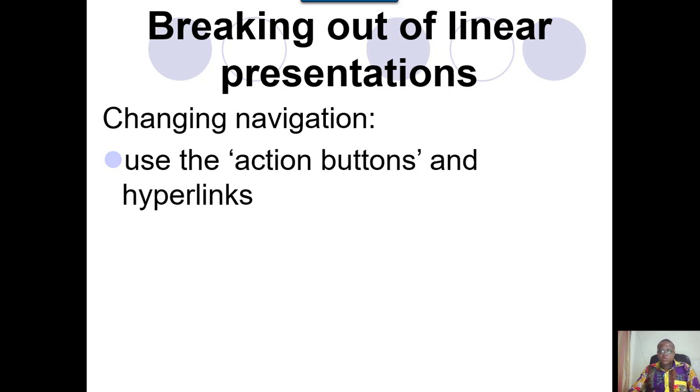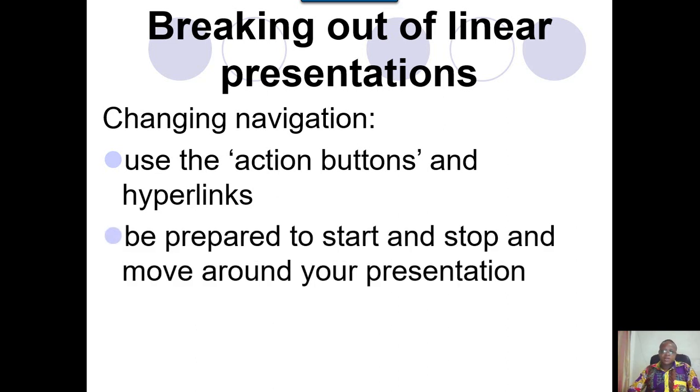I'm sure by this time those of you who were taken through how to develop a PowerPoint presentation on a mathematics concept know how to use the action buttons or the hyperlinks. If you want to also break out of linear presentations, you must be able to start and stop and move around your presentation. You must be able to do that. I will show some of the shortcuts that you can use to do that.